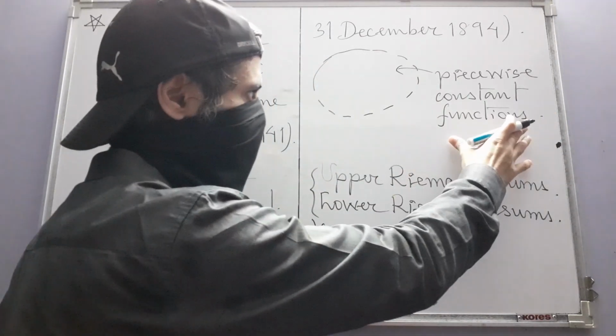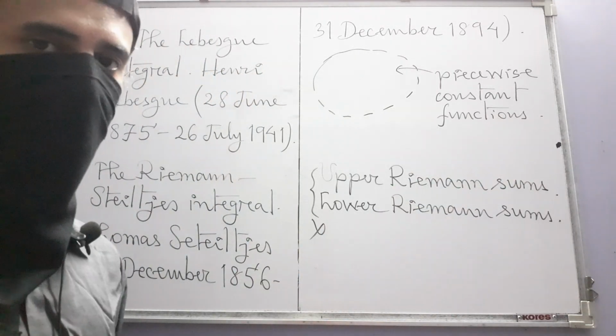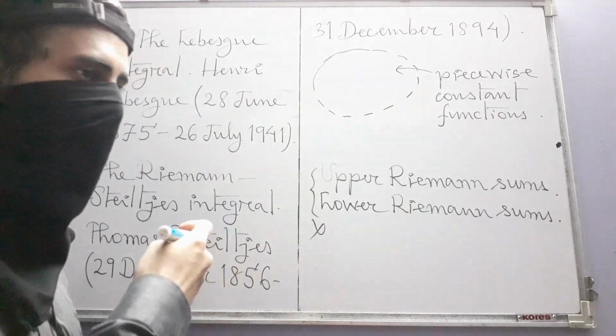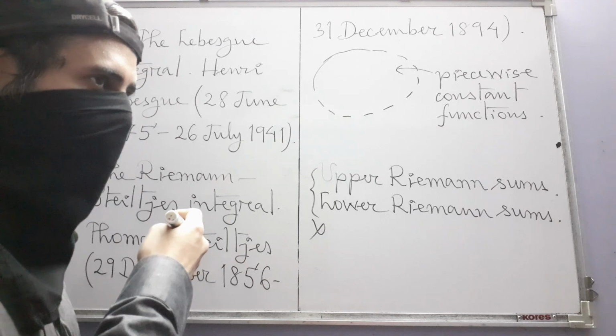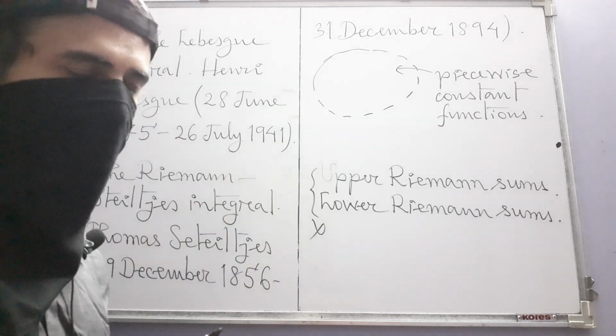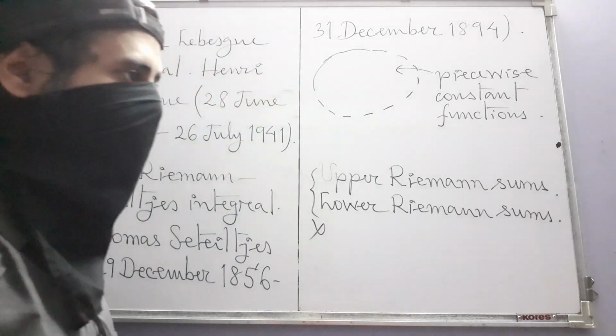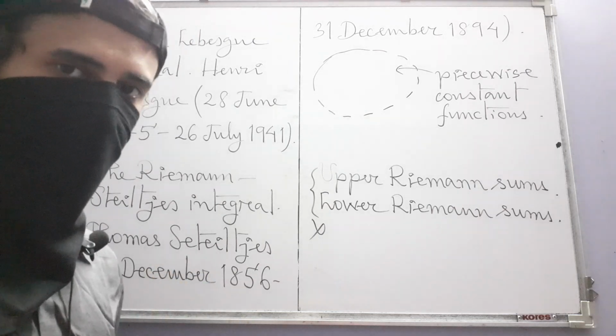Perhaps the name itself tells you what these functions are. These functions are functions which are not exactly constant. That's not necessarily true. All the constant functions are also piecewise constant.